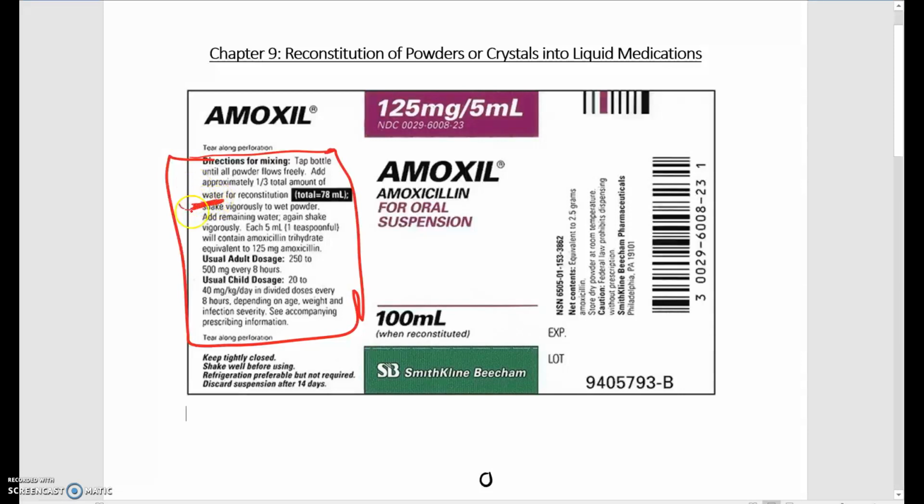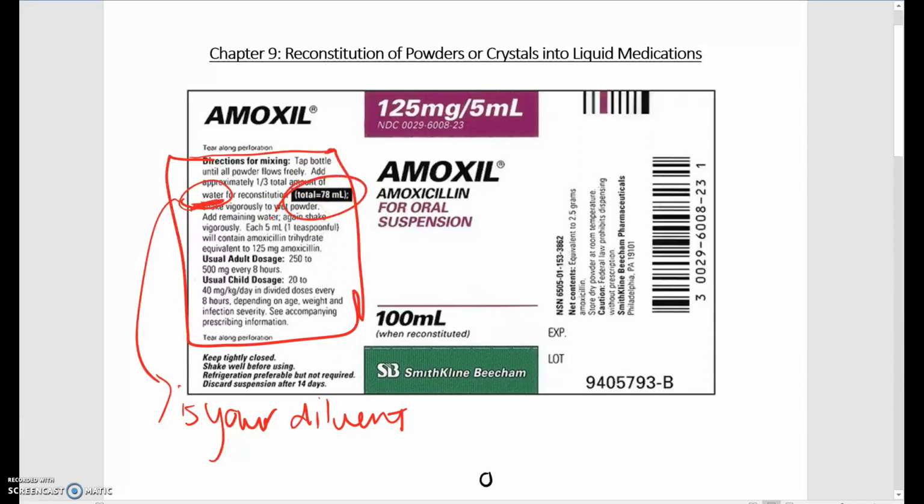So in detail, this water is your diluent. If I ask you what diluent you are to use, you would tell me water. If I ask you what volume of diluent should be added to the medication, you're going to tell me 78 milliliters.